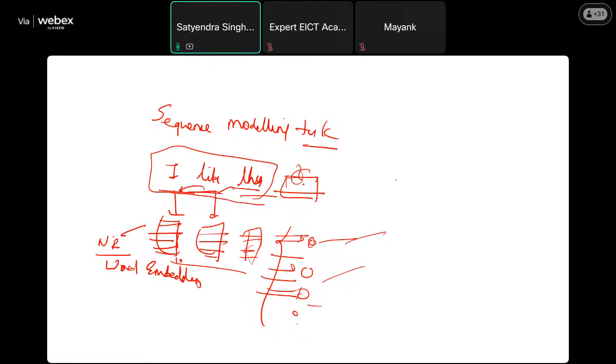Everything you give as input at once. Even in an image, if you have a 2 cross 2 image, there are four pixel values, and if you give them as input to the neural network, the structure of that image does not matter in a basic neural network. So there is no inherent or implicit idea of ordering.